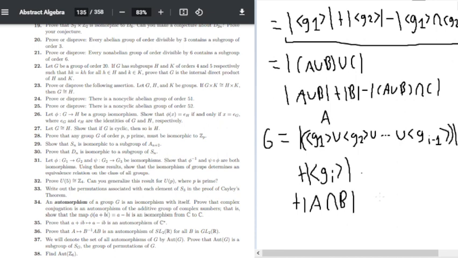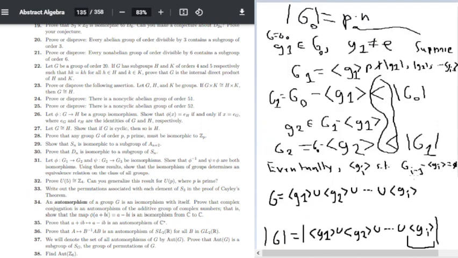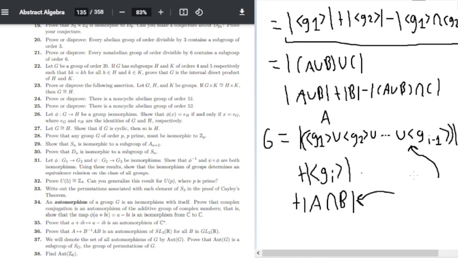Now what we notice is that these two terms, because of construction, are both not divisible by P. P does not divide these terms. Right?